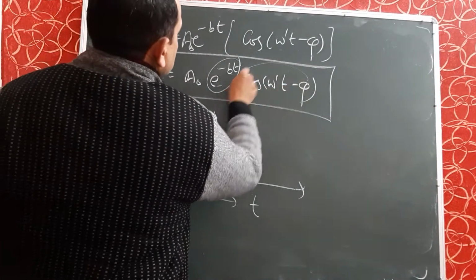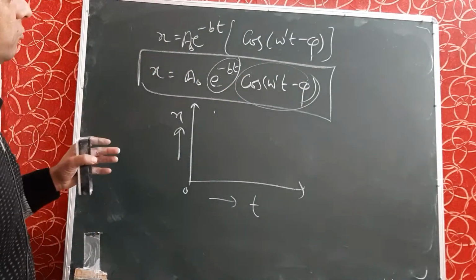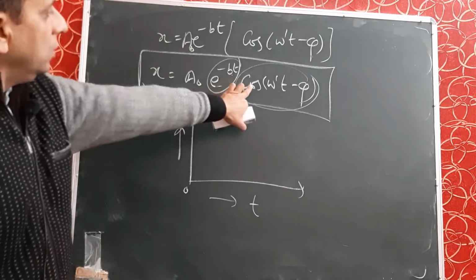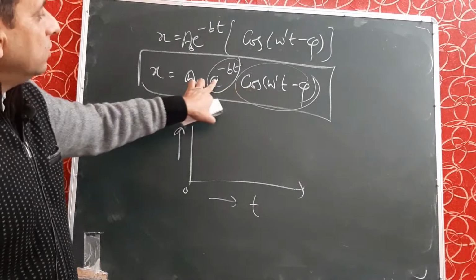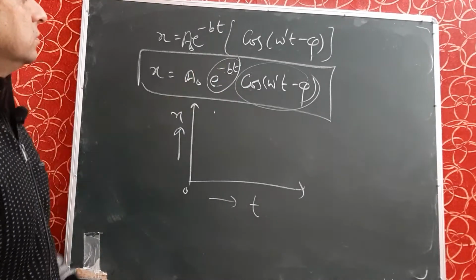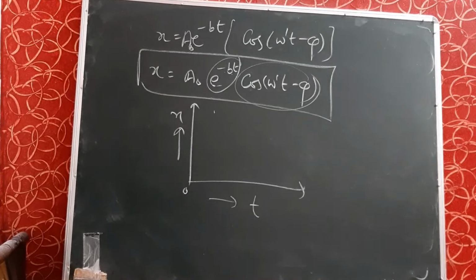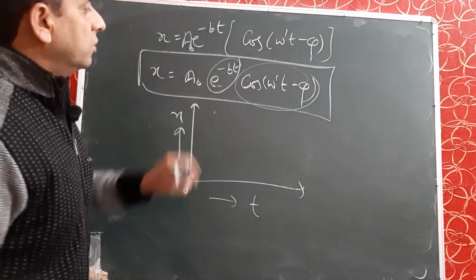So, the graph will be of the cosine function as well as the e raised to power negative function, that is exponential decay as well as cosine function.